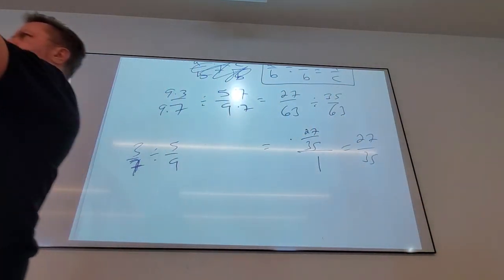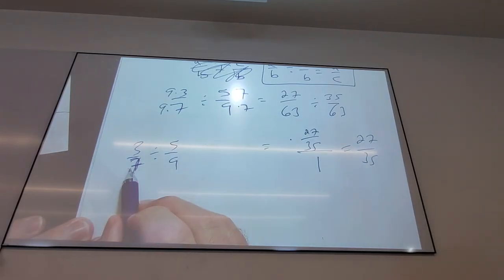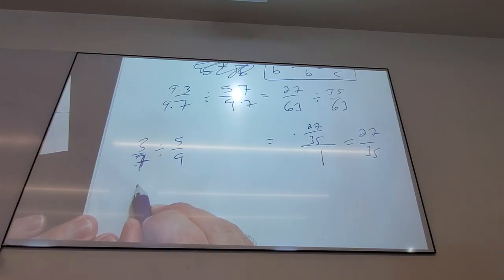In fact, there's a three-word phrase you can use to remember how to divide fractions: keep, change, flip. So what would it become? 3/7 times 9/5.